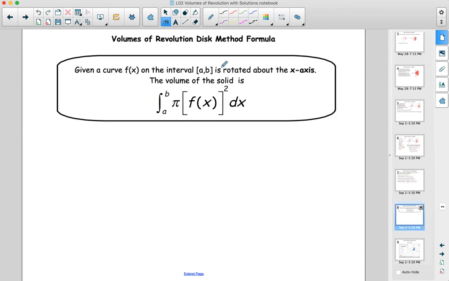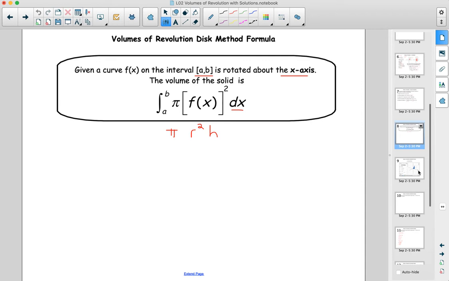So here's the formula for the volume of revolution. Given a curve on the interval a to b that is rotated about the x-axis, the volume of the solid it creates will be given by the integral from a to b of pi times f at x, all squared, dx. And remember that came from the formula for the volume of a cylinder, pi times r squared times h.